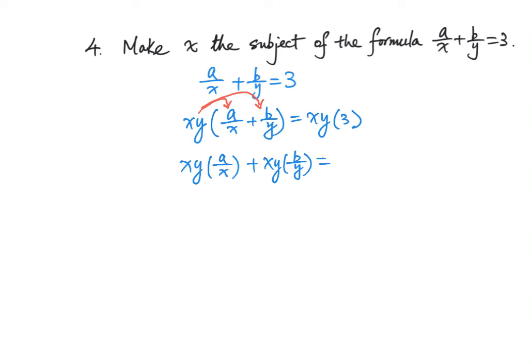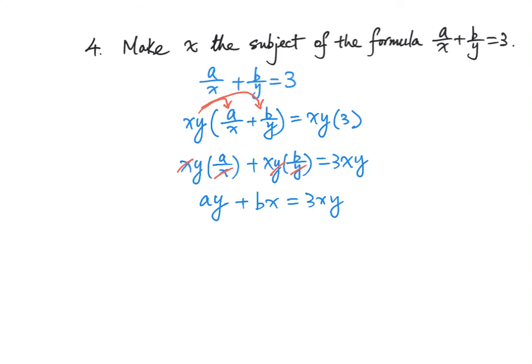On the right hand side, xy times 3, which is 3xy. On the left hand side, the first term, x and x can be cancelled. So we have y times a, which is ay, plus y and y can be cancelled, x times b, which is bx, equals 3xy.